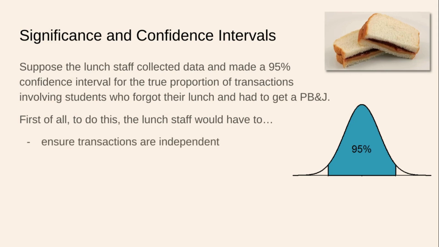Ensure transactions are independent. All right, so one person's forgetfulness or purchase or whatever is completely independent of anyone else's. And that's not a tough assumption to make. Select transactions at random, okay? So we could do a simple random sample of all transactions. That would be a little complicated to put together.